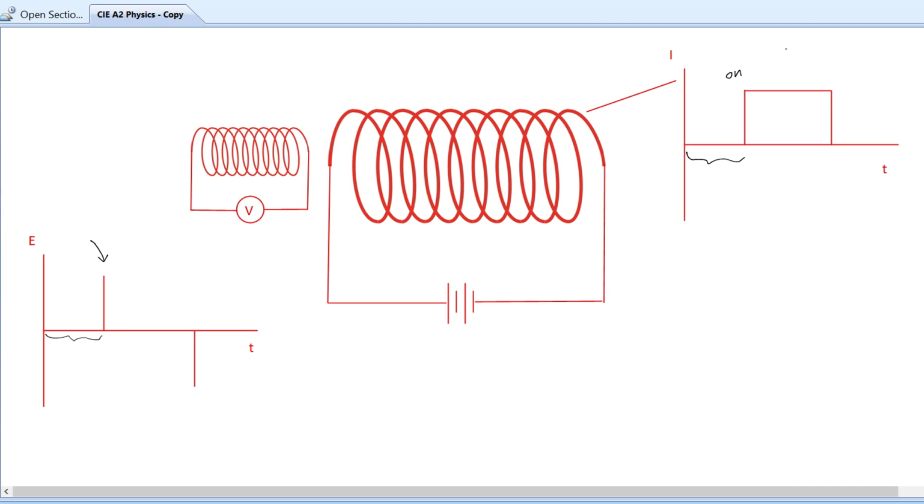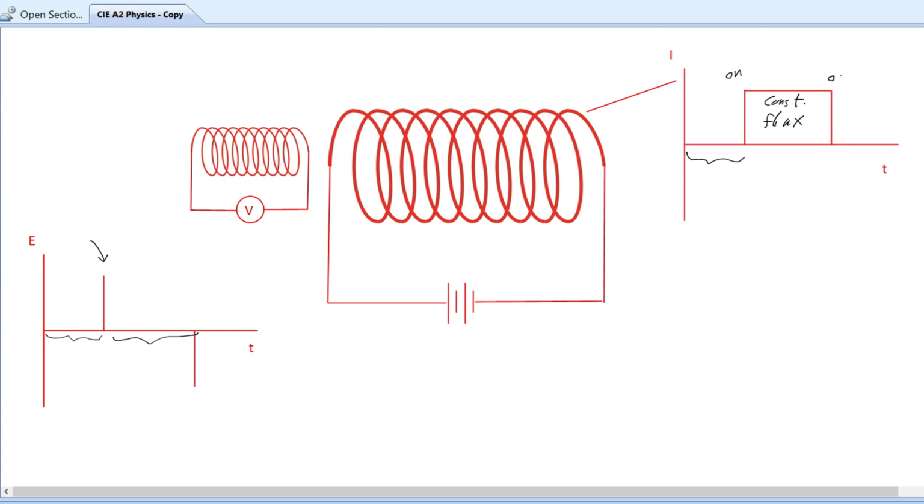But after that, there is a constant field. So a constant field will not have a change in flux, so there will be no induced EMF during the time where there is no change in flux.